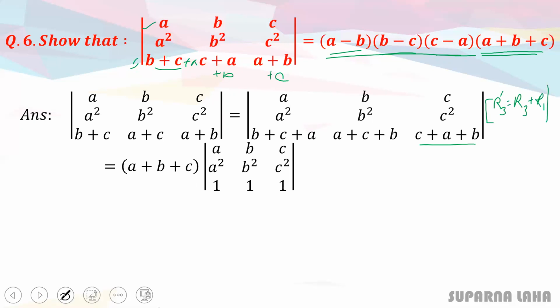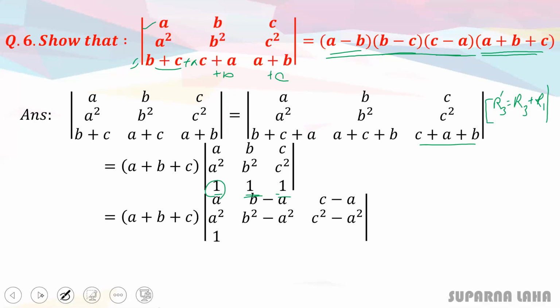Okay, now take common. So these elements are 1. Now again make one non-zero element and the others 0. So A, B minus A, B square minus A square, and this is C minus A, C square minus A square. What operation am I using? I am using C2 dash is given by C2 minus C1, and C3 dash is given by C3 minus C1. Okay, so now expand this one.